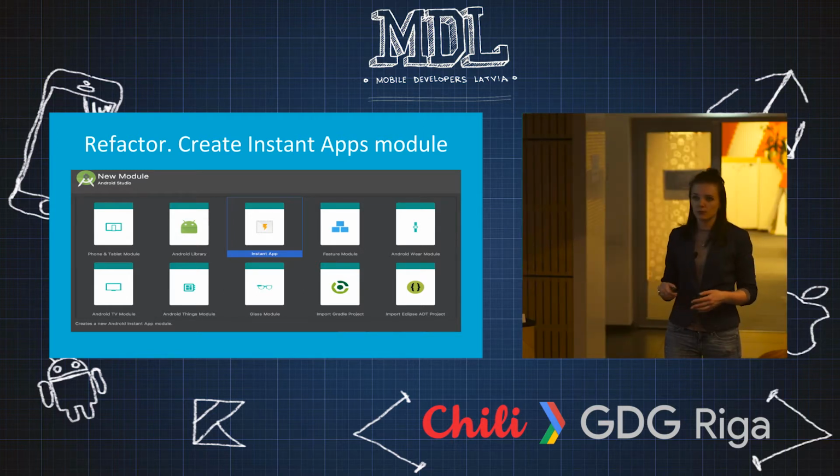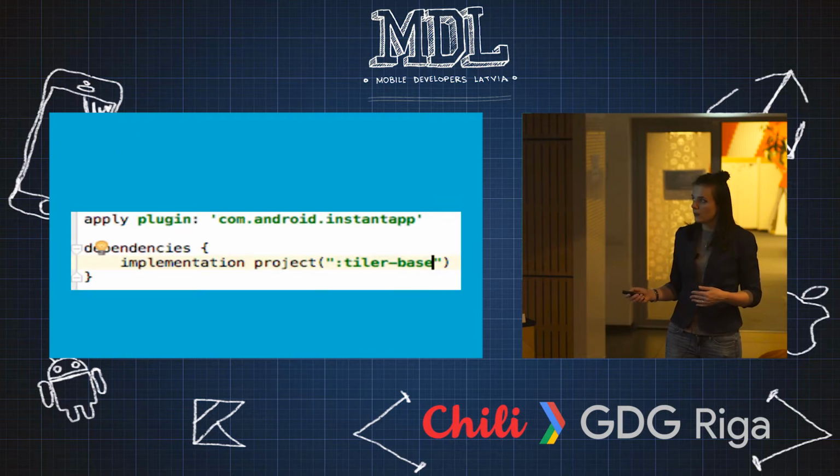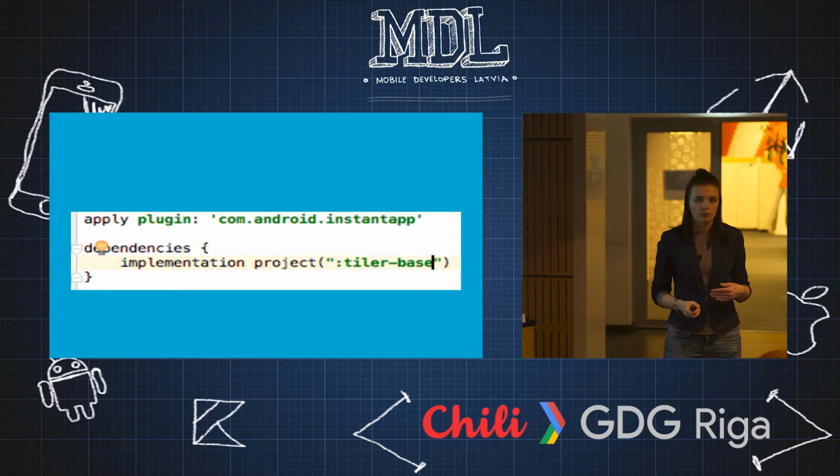And now we also want to create an instant app, so we create another module. We choose Instant App when we create this new module. And an Instant App module will also be using just the features that we have extracted and the base feature always, right?